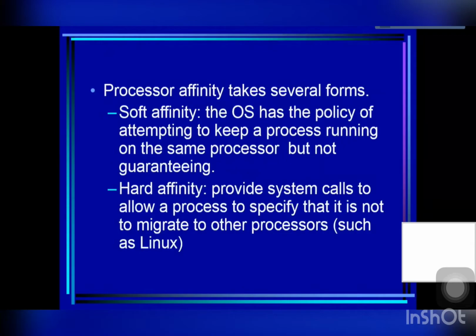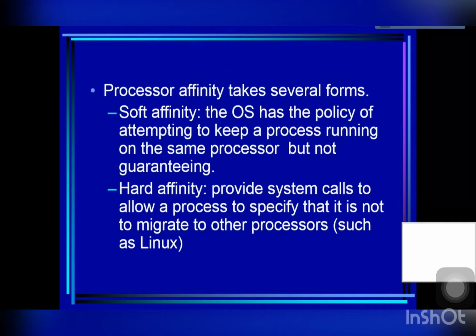Processor affinity takes several forms. We have soft affinity, when an operating system has a policy of attempting to keep a process running on the same processor, but not guaranteeing that it will do so. This is soft affinity. Second, hard affinity.